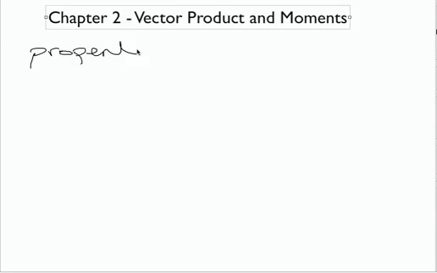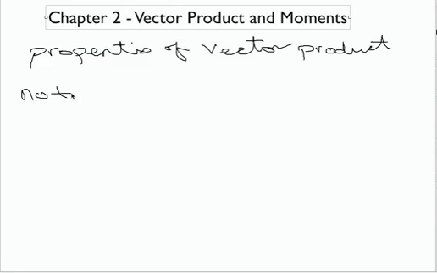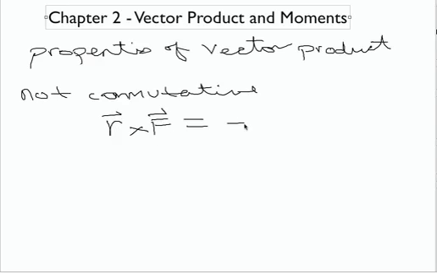Properties of the vector product. It is not commutative. That means R cross F is equal to minus F cross R. So keep that in mind.